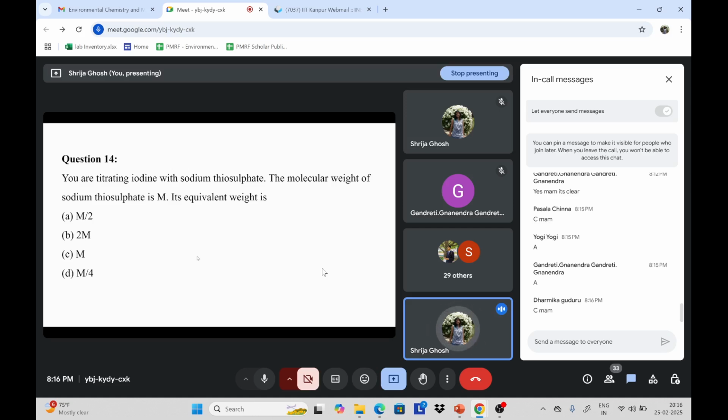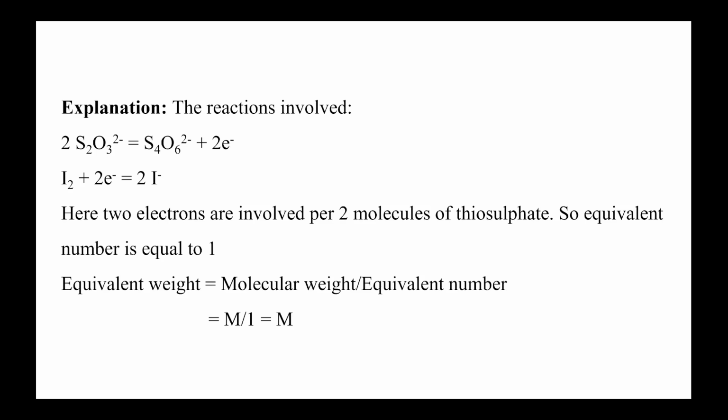If you remember the number of electrons released per molecule of thiosulfate ion, that would be the equivalent weight. Okay, so two people have said option C, two have said option A. Let's see what's the correct answer. The correct answer is actually option C, that is M.